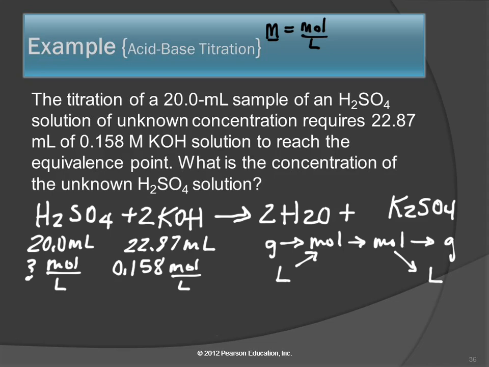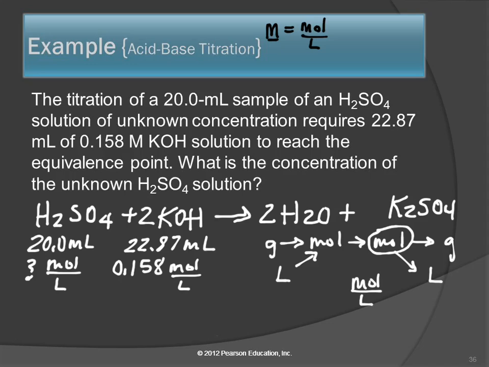Well, if we found moles, how could we get moles per liter? Do we know the volume? We do. If we find the moles, could we just divide by the volume in liters? Yeah, that would work really well, actually.